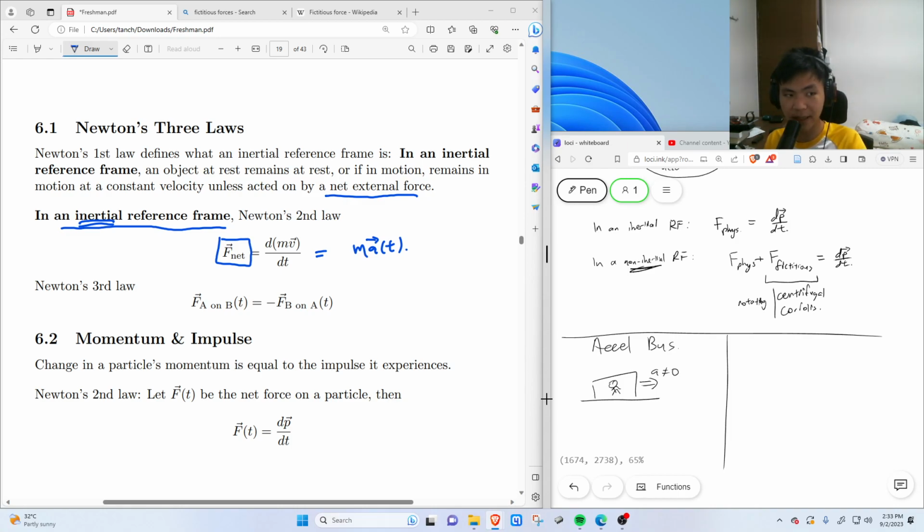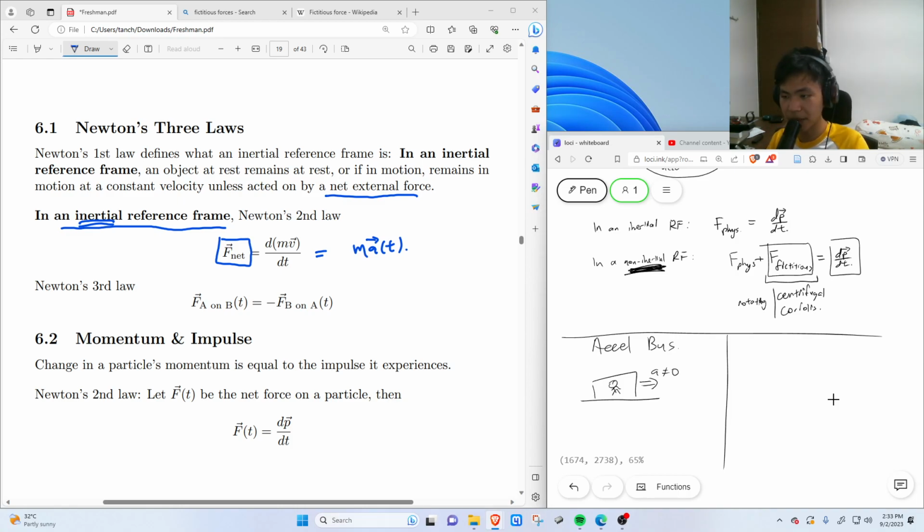There are no physical forces acting on me horizontally. The reason my momentum changed, even though there are no physical forces acting on me, is because I'm in a non-inertial reference frame. And in a non-inertial reference frame, there are fictitious forces due to the fact that your reference frame is accelerating. So that's an example where linear acceleration causes a fictitious force, making you feel pushed to the back of the bus even though there are no physical forces acting on you.